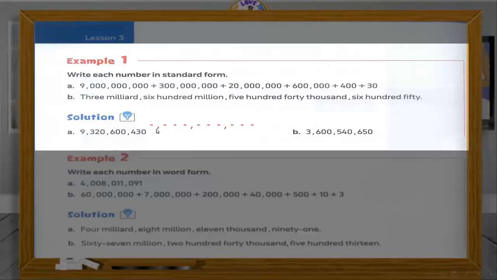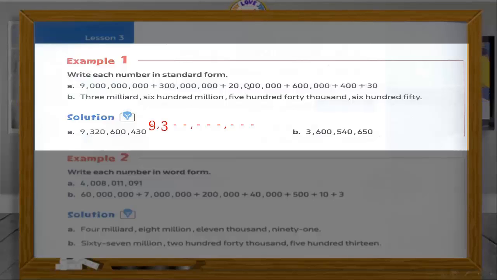You make 4 periods like this. In the highest period, we write 9 in the milliard place. Write 9 and go to the next number. We have 300 million. You should write 3 in the 100 millions place.